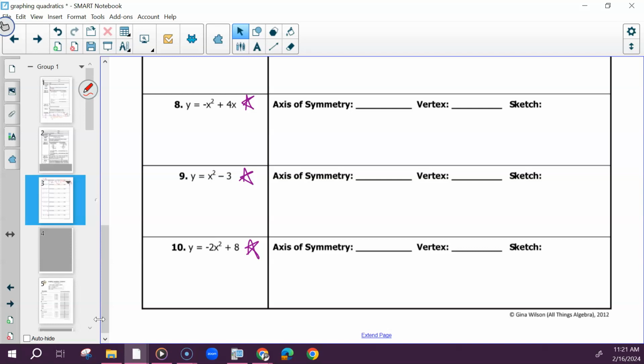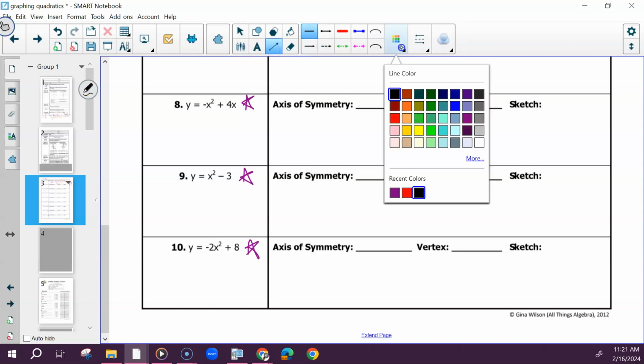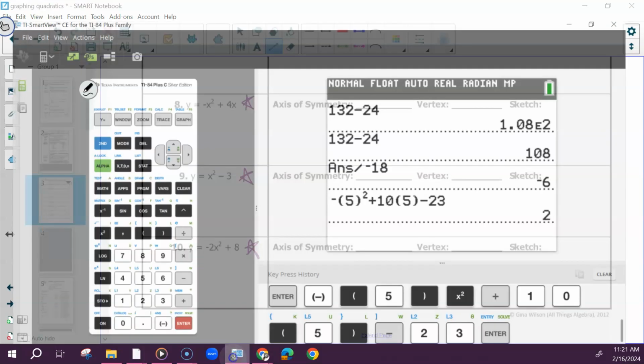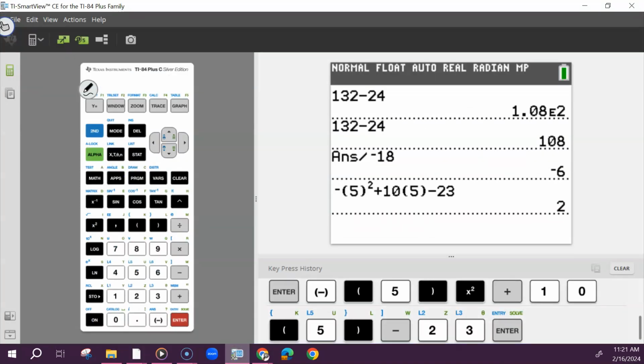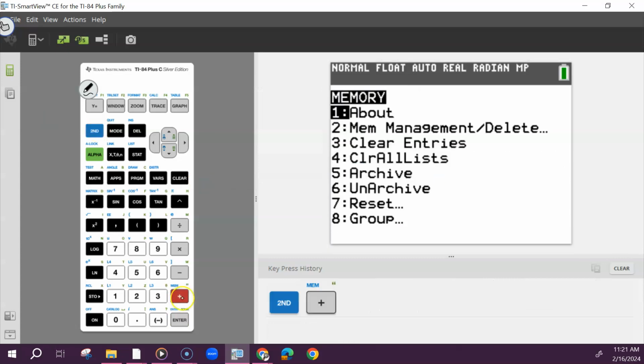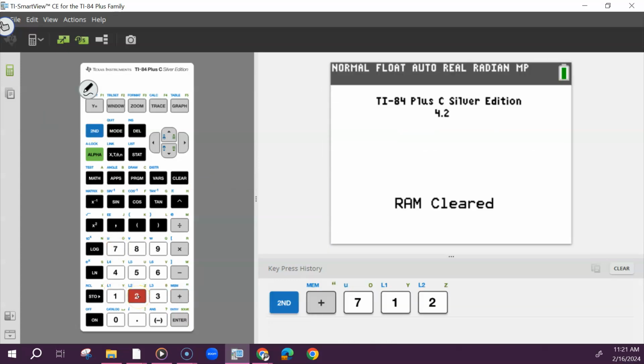So, for this one, we're going to reset our calculators first. Hit second plus 712. Reset the calculator. Second plus 712.